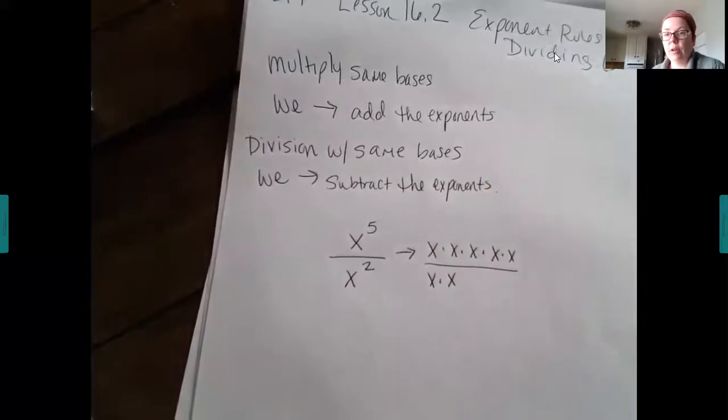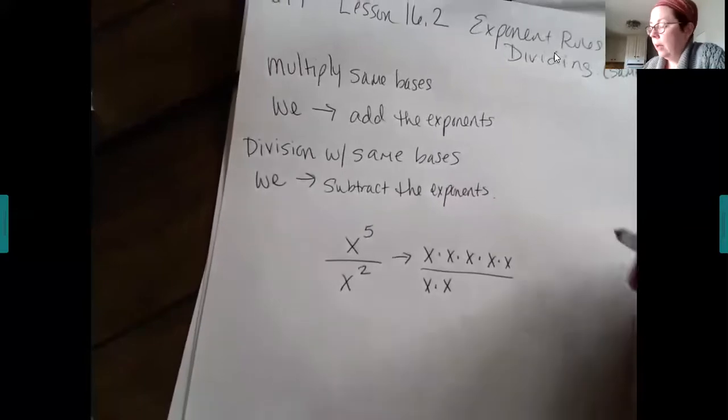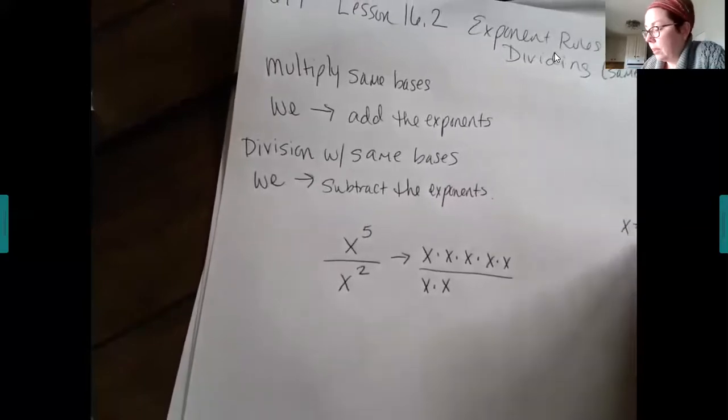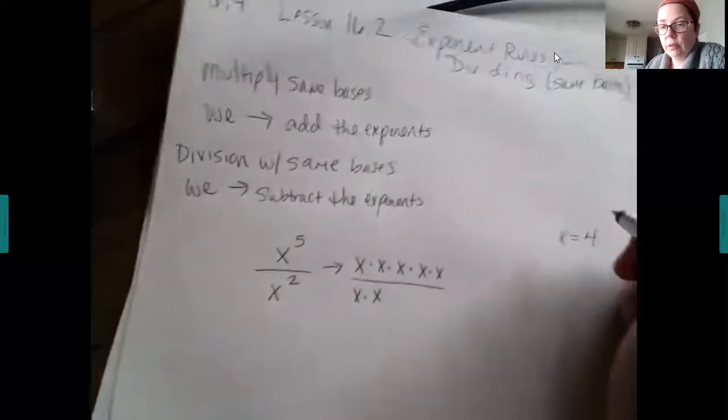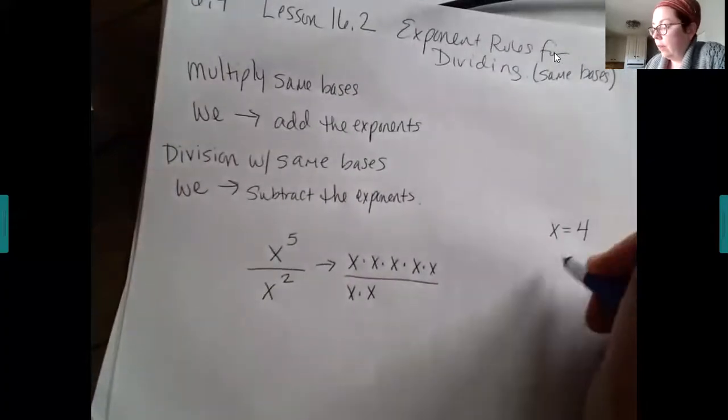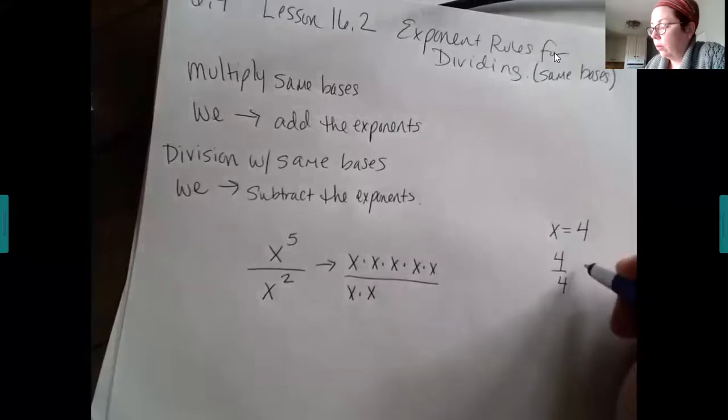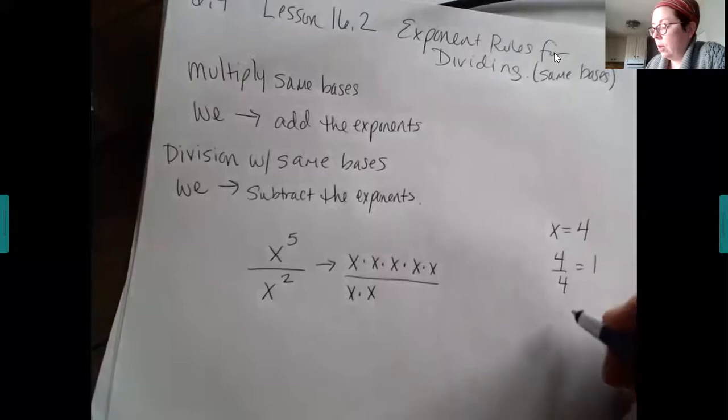So first off, I want to ask if you agree that anything over itself, or a number divided by itself, equals 1. Hopefully you agree with me, right? So if x equals, let's say here, 4, then 4 over 4 equals 1.